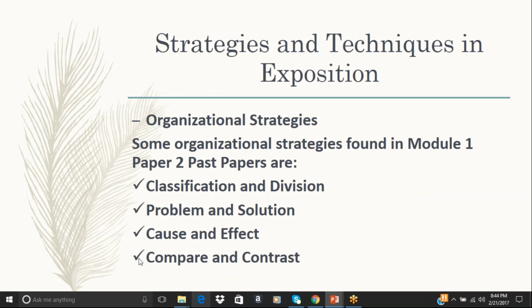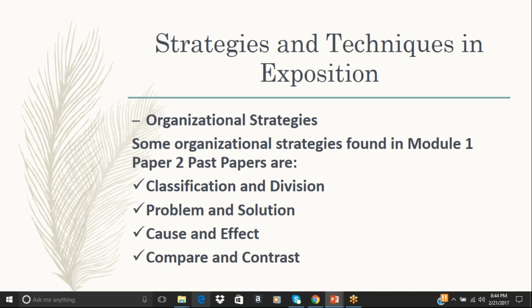Move on. Okay. Strategies and techniques used in exposition, organizational strategies. We know this already. Classification and division, problem and solution, cause and effect, compare and contrast. Gentlemen, if you cannot remember any other strategy linked to exposition, one of these must be in the extract.